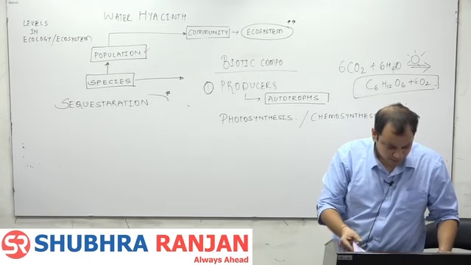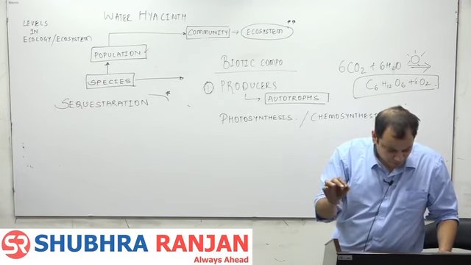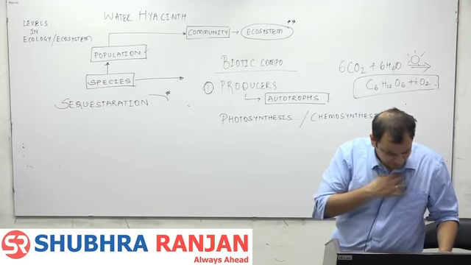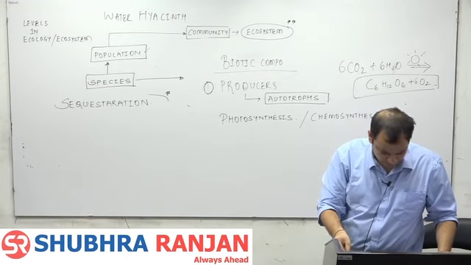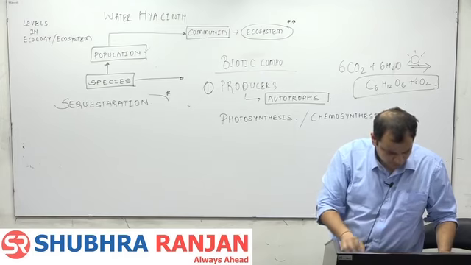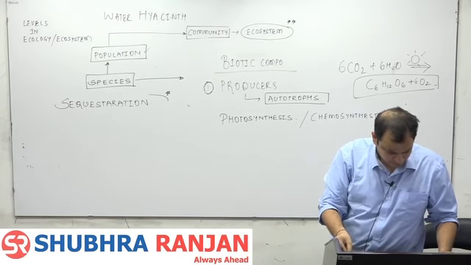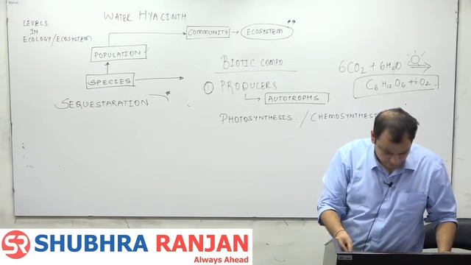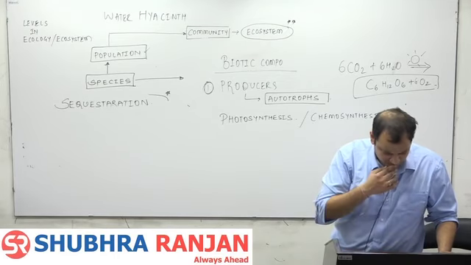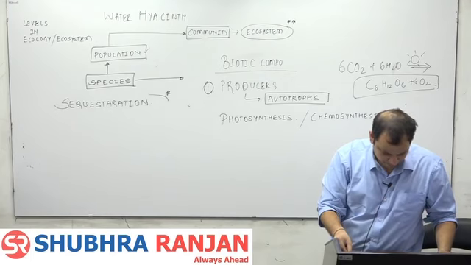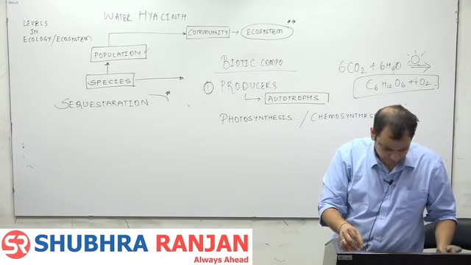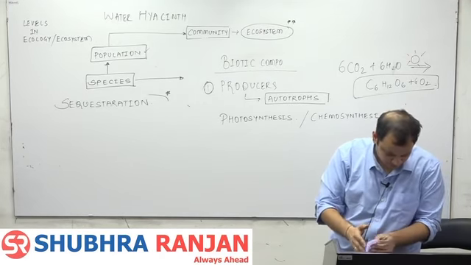And therefore, the major part of food production in the aquatic ecosystem is through chemosynthesis.